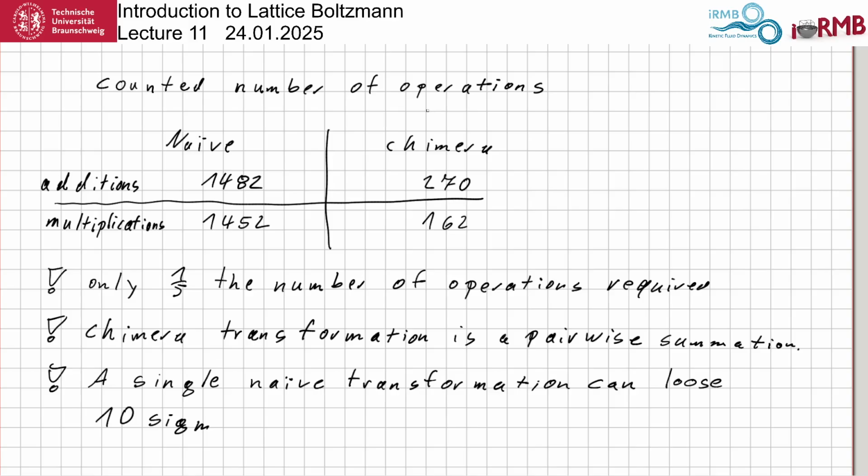The chimera transform also loses bits, but the naive transform, you do it once. And remember, you have 23 bits. Out of this, the naive transform loses 10 more than the chimera transform in one transformation. In a particular example, of course.